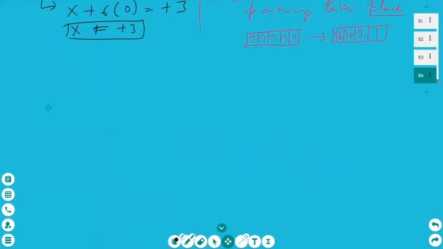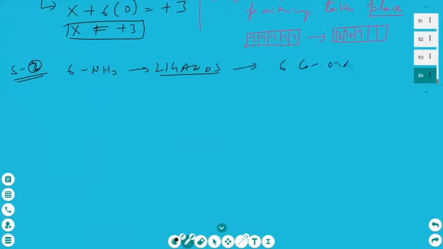This is step 1. Now step 2, how many ligands are there? There are 6 ligands. There are 6 ammonia, and ammonias are nothing but ligands which are present here. So it will be forming 6 coordinate bonds, or you can call them 6 dative bonds. Now for that, how many orbitals are required?